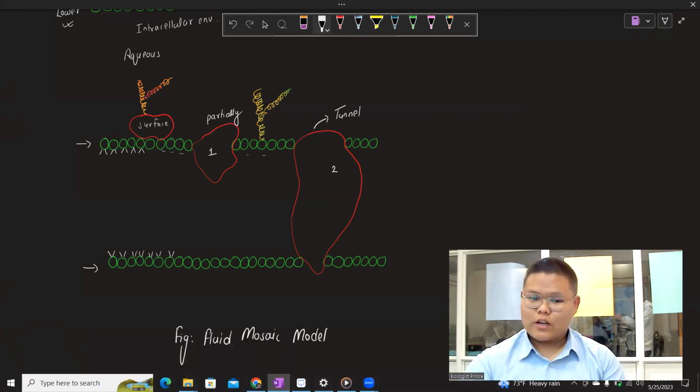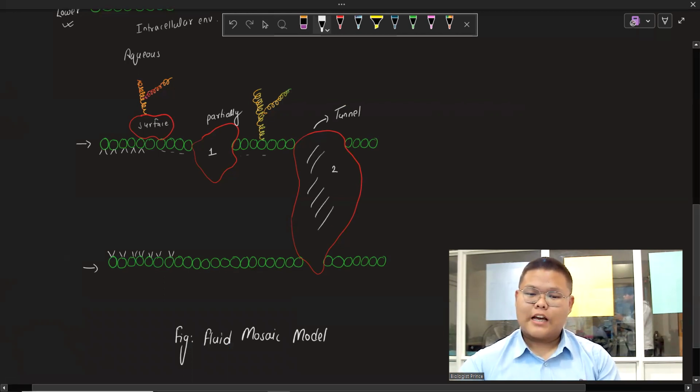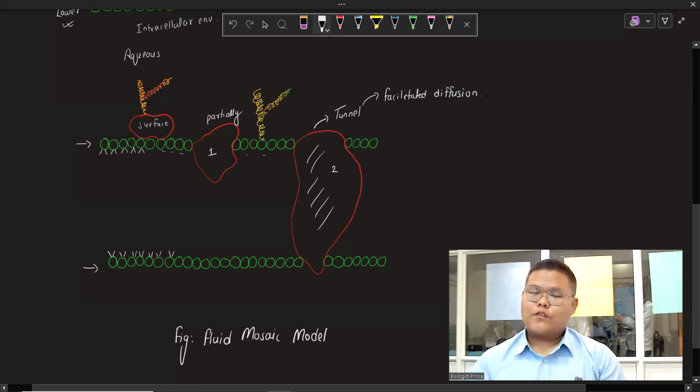So you need to know the concept behind this. These channel proteins are basically helpful for facilitated diffusion. How it does facilitated diffusion, we will discuss later in the transport mechanism. So facilitated diffusion is performed by the channel or transmembrane protein.